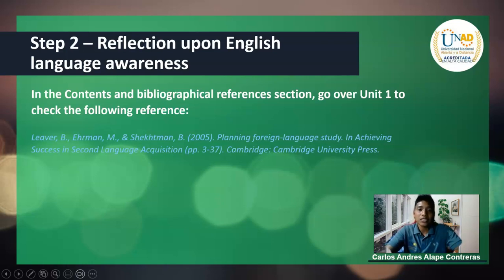In addition, the language is part of my life. I consider that the English language is part of my life, in the present, but also in the future, because right now I am in the process of learning.